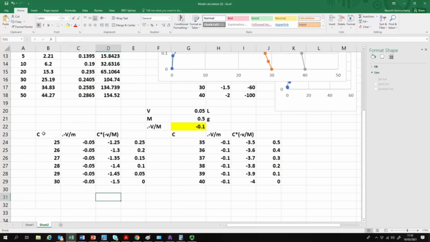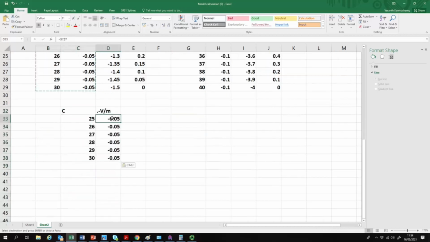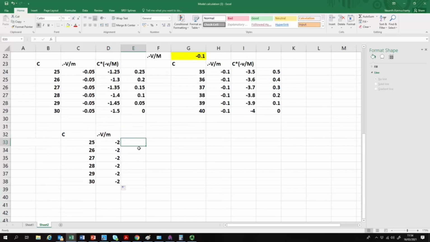I'm going to put minus 2 here. I don't think it's a good idea.